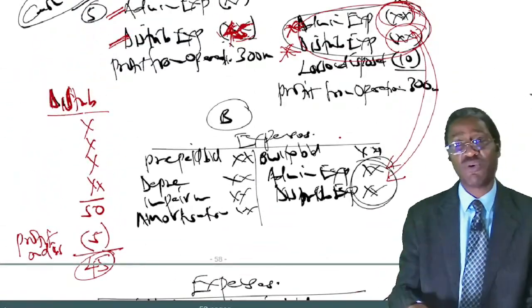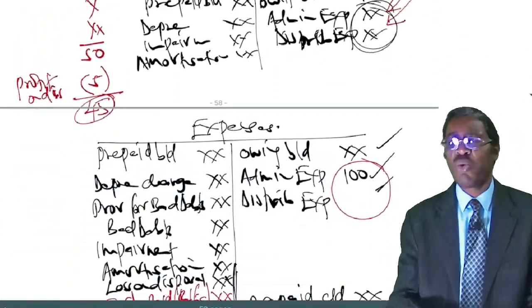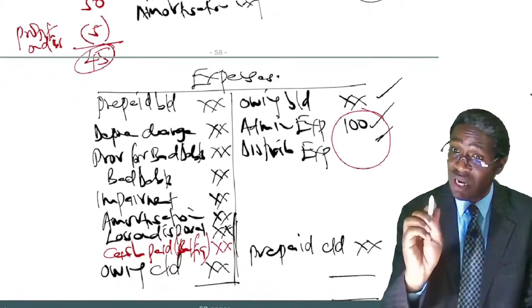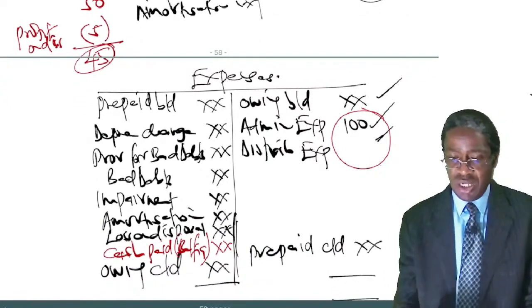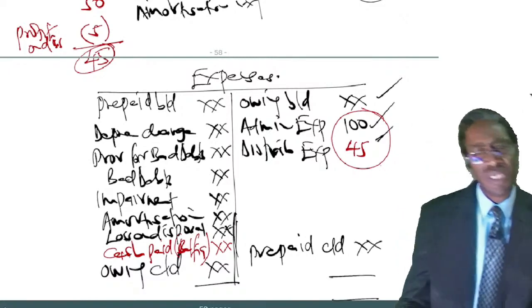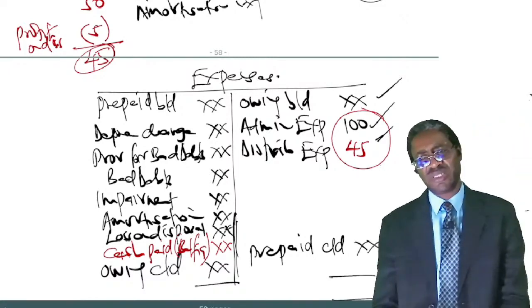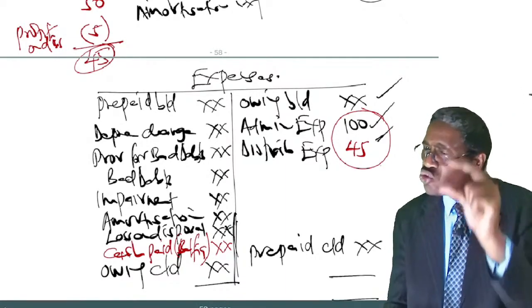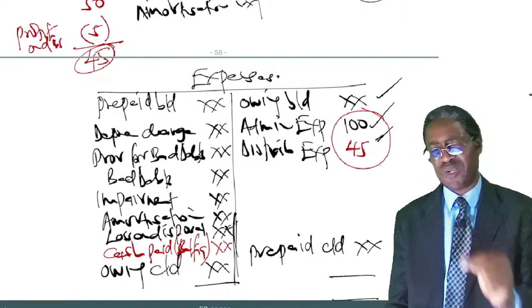This 45 is called distribution. When you are preparing the expense account for accountant A, you took that 45 and brought it here as your distribution expenses. But the question is this: is that the true amount of the distribution expense?